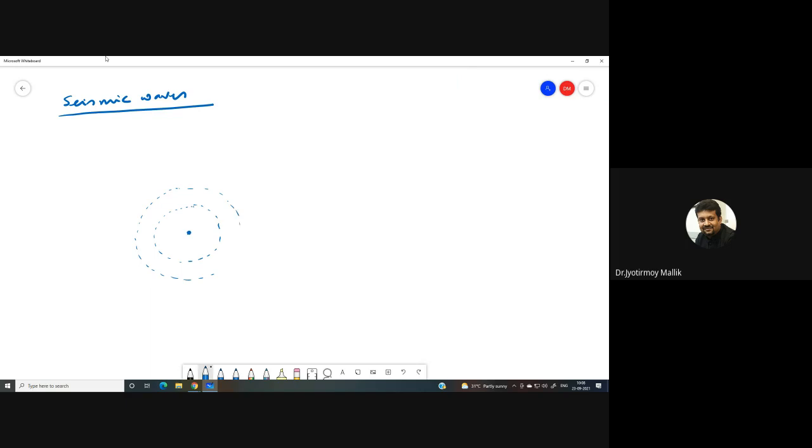Wave front means that at each of these points along this imaginary surface, you either have compression. The way we have drawn when we talked about elastic wave propagation, the particles come close to each other, and we call that C, and then you have relaxation, and then another compression, and then relaxation.